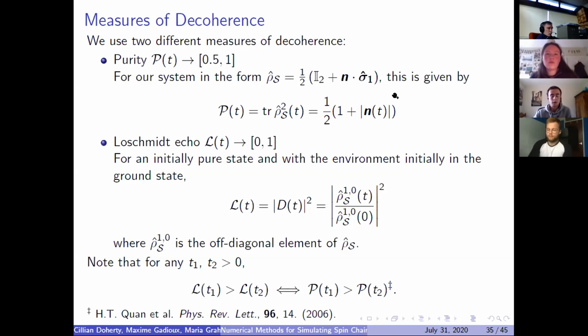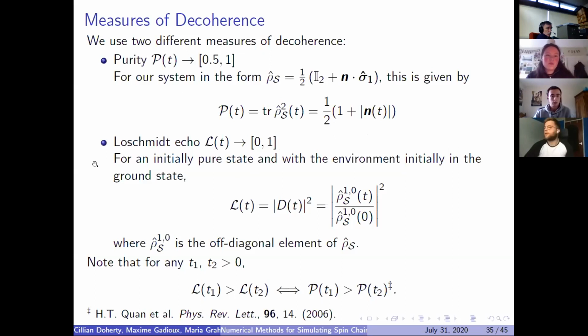And in this case, it's quite straightforward to show that the purity can be given by this equality here, so half of 1 plus the magnitude of the Bloch vector squared. So the purity is the main measure we're going to use, except in one particular case, and you'll understand why later, where we'll use the Loschmidt echo, L, which goes from 0 to 1. So 0 is again fully decoherent, and 1 is a fully coherent state.